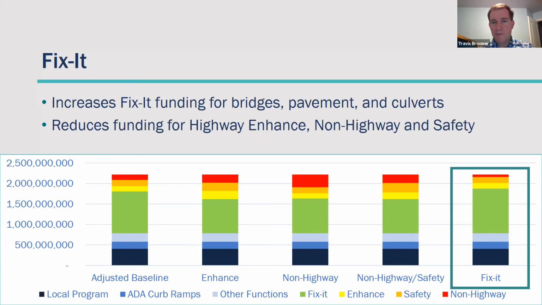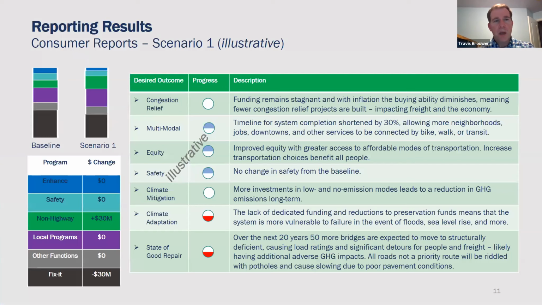Admittedly, they'll have a lot more information on what the outcomes of these various scenarios look like. We are beginning the process of analyzing all these, and then we'll be reporting back to the commission using what we're jokingly calling sort of the consumer reports outline for showing what the various outcomes are.